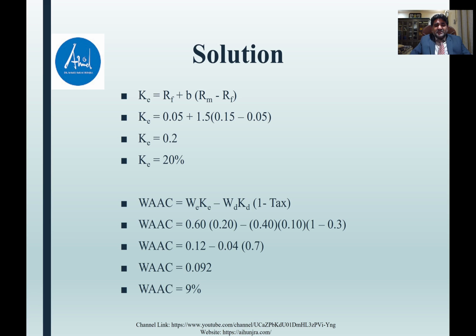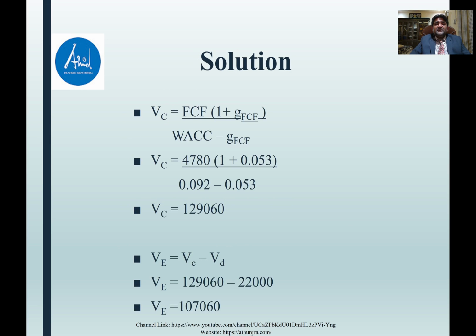So we have calculated the WACC, we have the cost of equity, the growth rate of free cash flows, and the free cash flows. Then what's left? We can find the value of the company, determined by the formula: free cash flows times 1 plus growth rate of free cash flows, divided by WACC minus growth rate of free cash flows.